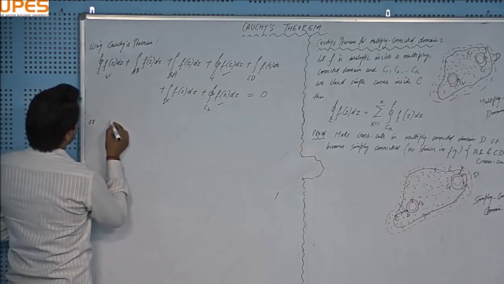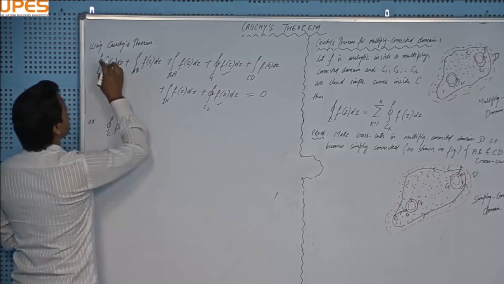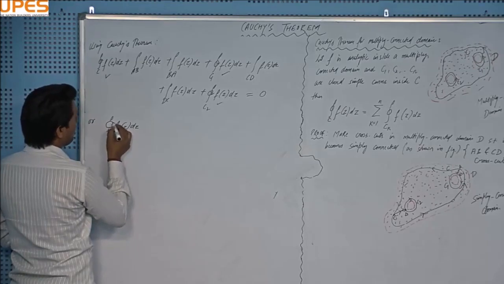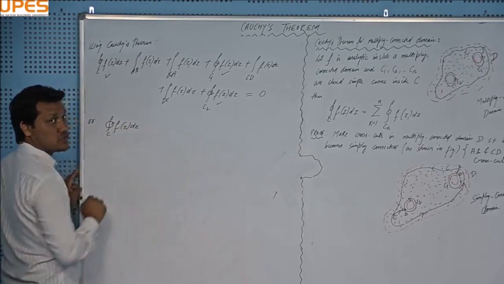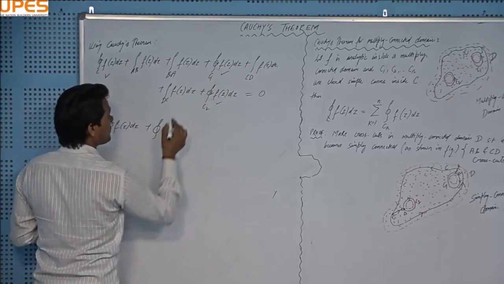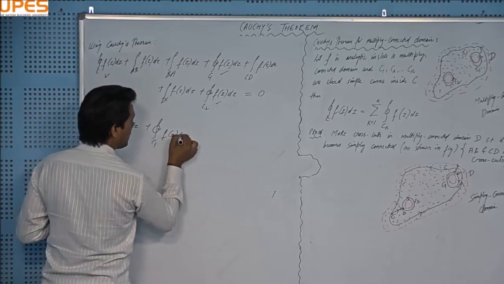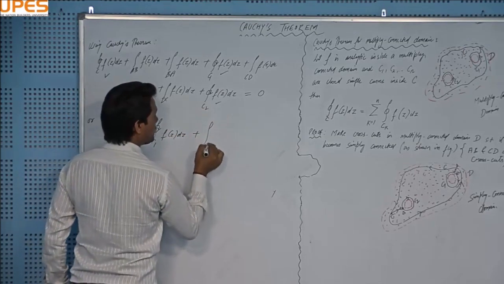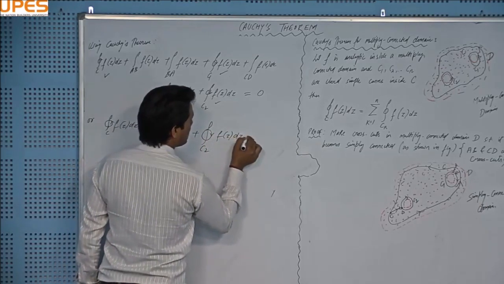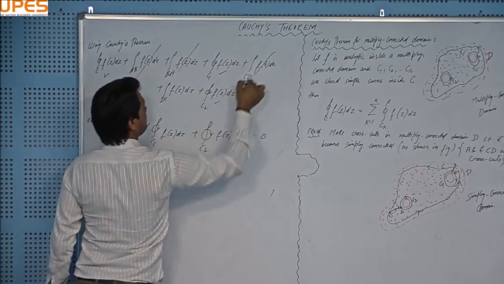Integration along C of f(z) dz, and remember the direction of the arrow is anti-clockwise, you can see from the picture, and this one is clockwise, verify from the figure, C1 f(z) dz, and then plus this direction again C2, it is again clockwise, f(z) dz equal to 0, because these terms cancel each other.